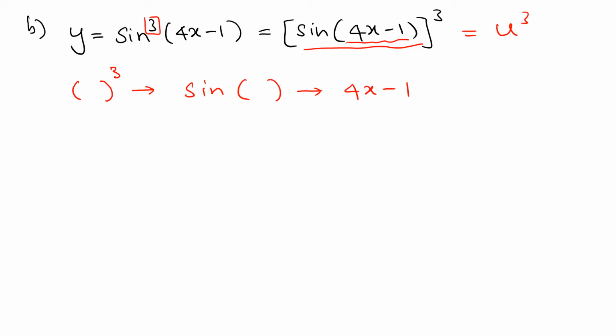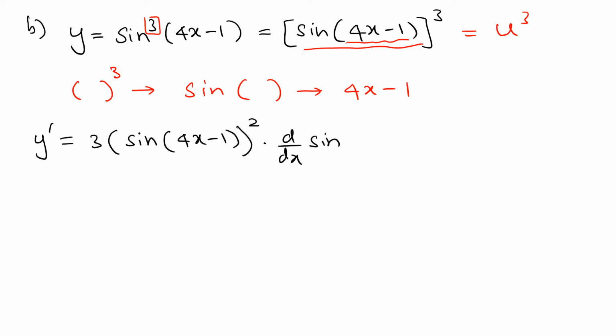Every time, you multiply by the derivative of the next inside function. That's how we do it. In this case, y prime is, since this is the cube, 3, and then whatever you have here we repeat without any changes. So the inside function is sine of 4x minus 1, to the power 3 becomes 2, times the derivative of the next inside function.